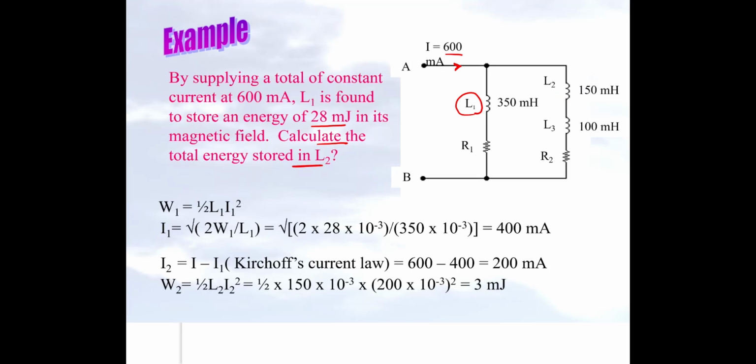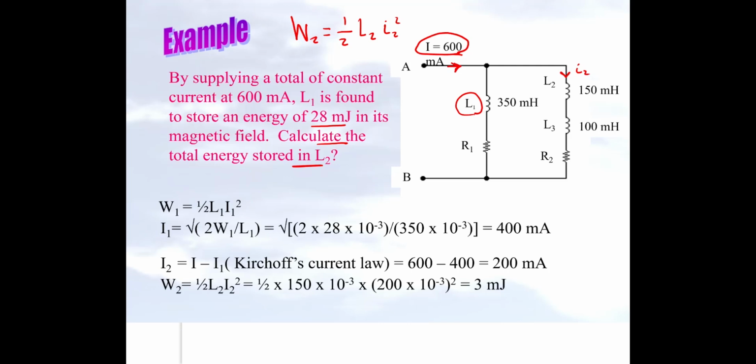To get the energy in the inductor L2, W2 is equal to 1/2 L2 I2 squared. So basically I need to get this current I2. I don't have I2, instead I have the total current supplying the circuit.